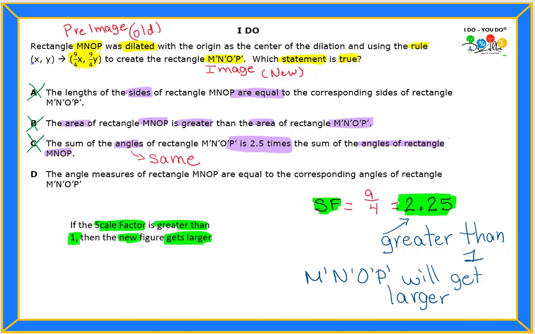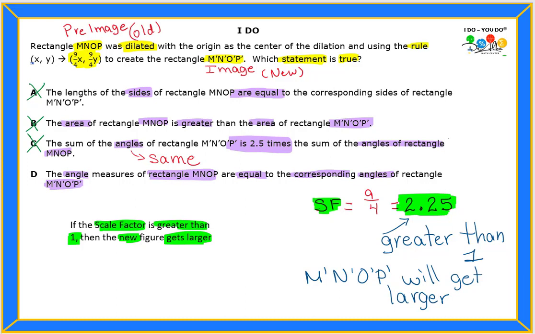So it looks like this is the answer, but let's read it. It says, the angle measures of rectangle MNOP are equal to the corresponding angles of rectangle M prime, N prime, O prime, and P prime. Is that true? It says the angles of this rectangle, which is my pre-image, are going to be equal to the corresponding angles of my new one.